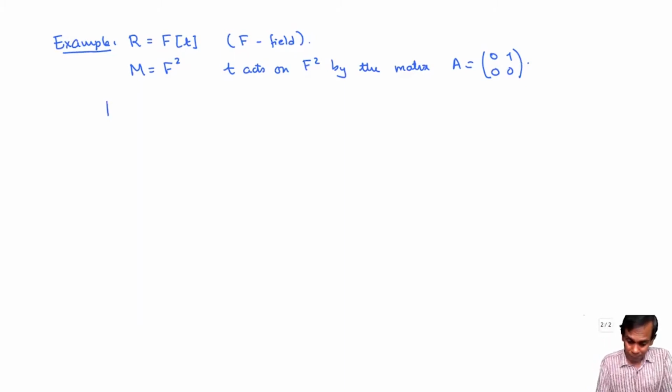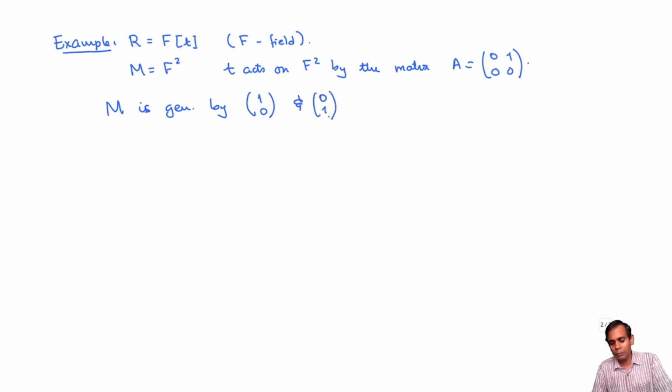So M is generated by 1, 0 and 0, 1. After all, 1, 0 and 0, 1 form an F basis for M, and therefore they should also generate M as an F[T] module. And so we define phi. So this phi is going to be from F[T] squared to F squared. Right?